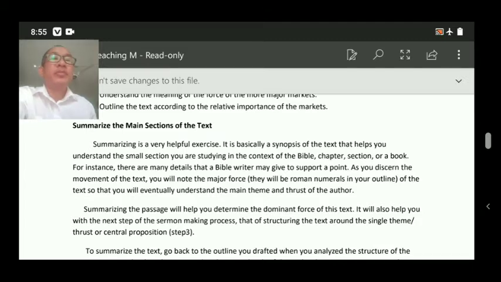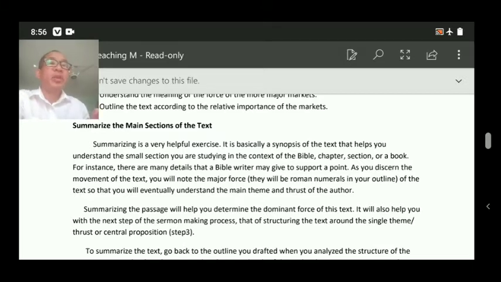For instance, there are many details that a Bible writer may give to support a point. As you discern the movement of the text, you will note the major first. There will be Roman numerals in your outline of the text so that you will eventually understand the main theme and thrust of the author.